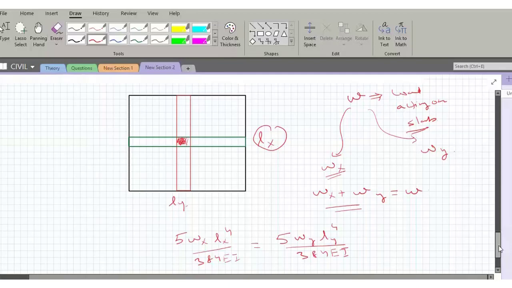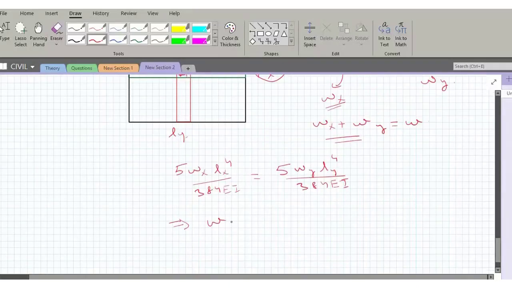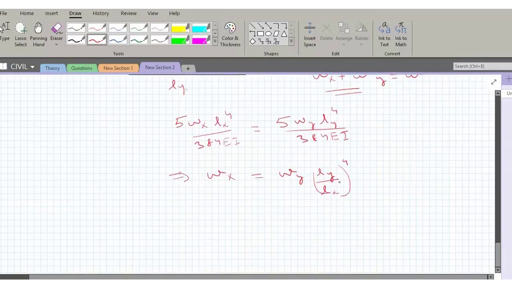From this expression, what I can see, I'll be getting this value: Wx equal to Wy into (Ly by Lx) to the power of 4. Say this Ly by Lx ratio, I denote by R for simplicity. So this R is the ratio of Ly by Lx.